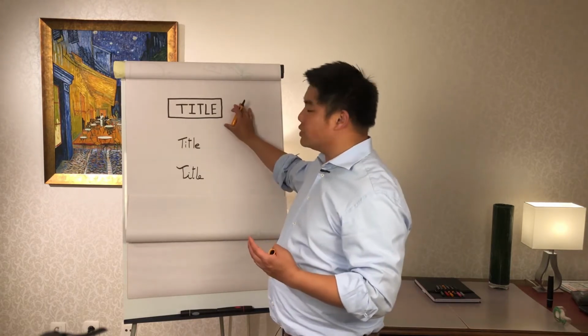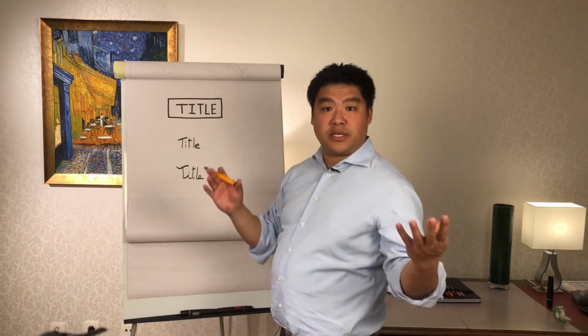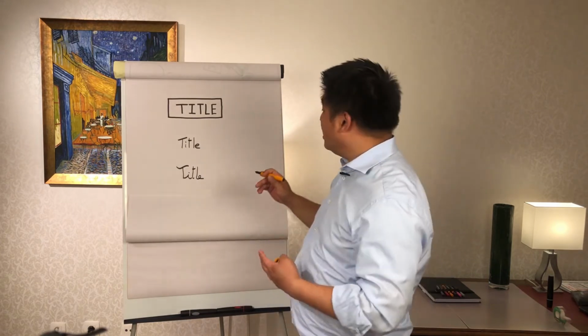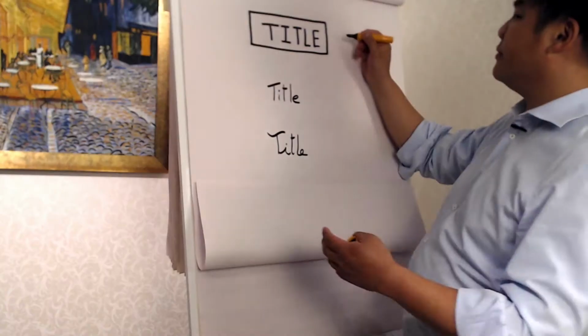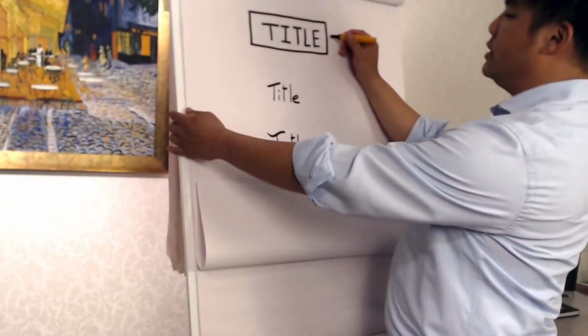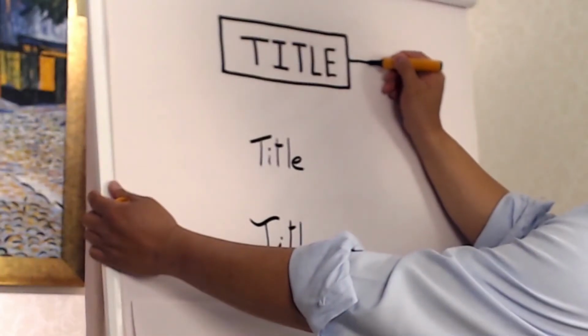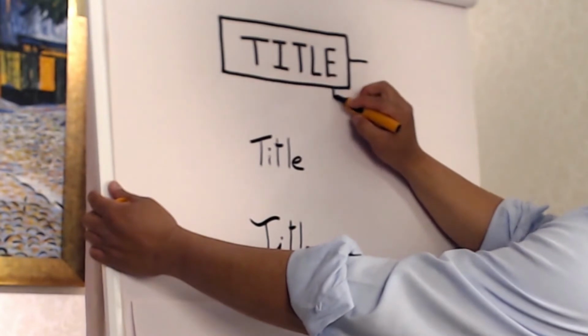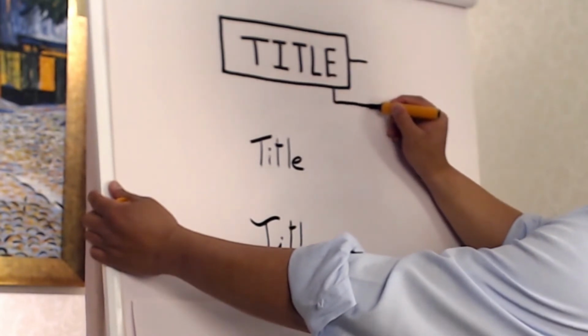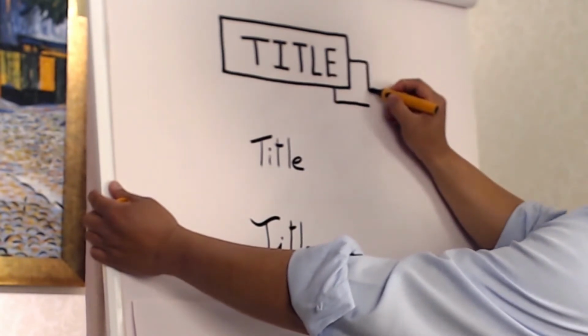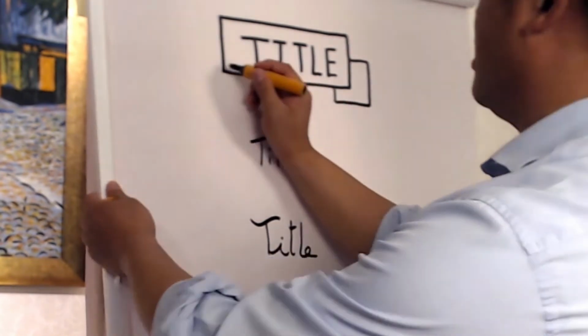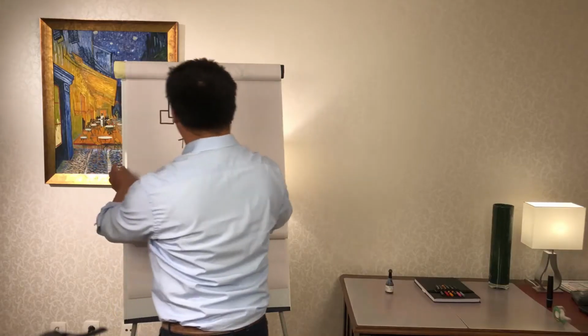Now the box already looks fine, but you can spice it up a little bit. You can make a banner out of it, and making a banner is super easy. You just draw what seems like a square hidden behind the box. That's already nice.